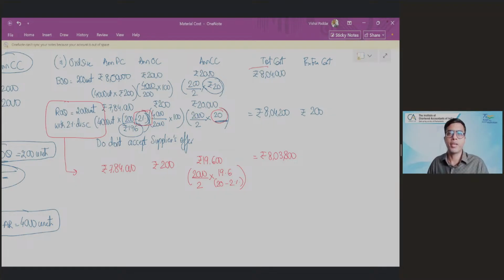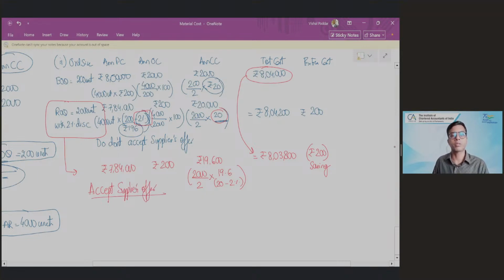And if I compare it with the EOQ, in fact, there is no extra cost. There is a savings of rupees 200. And now my answer will be: accept the supplier's offer.